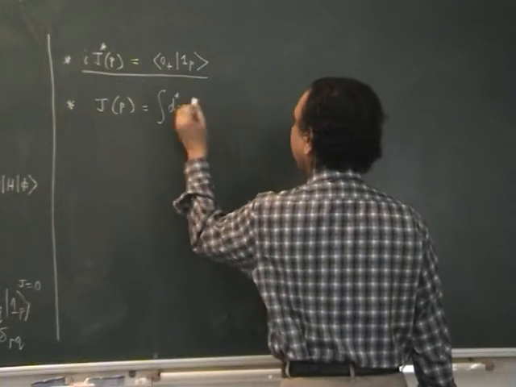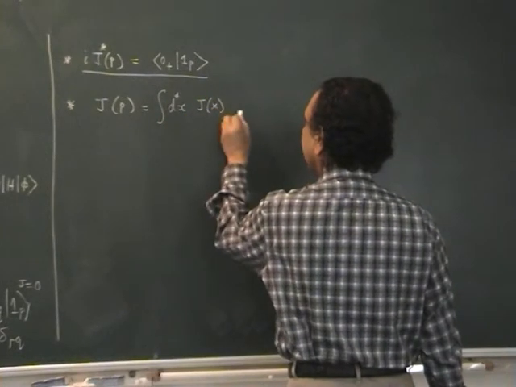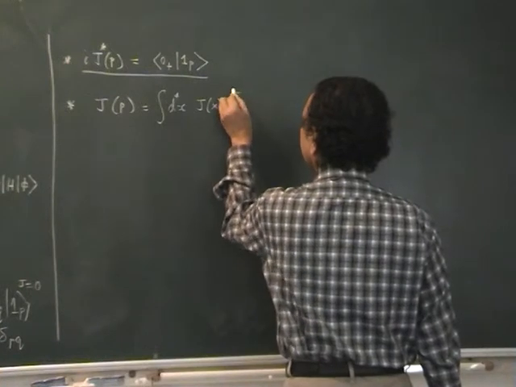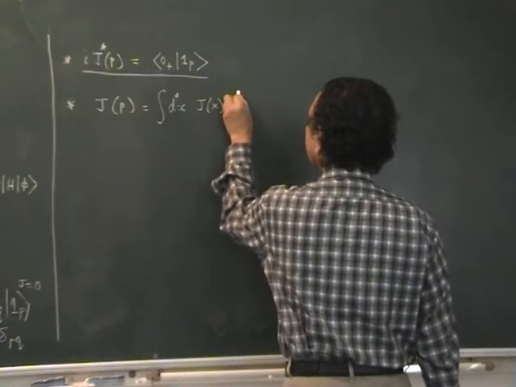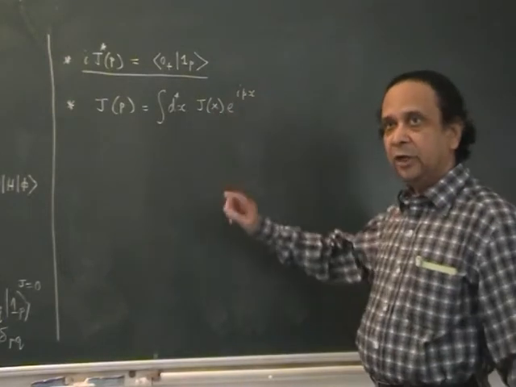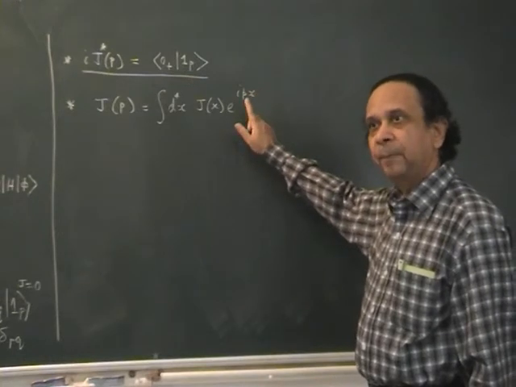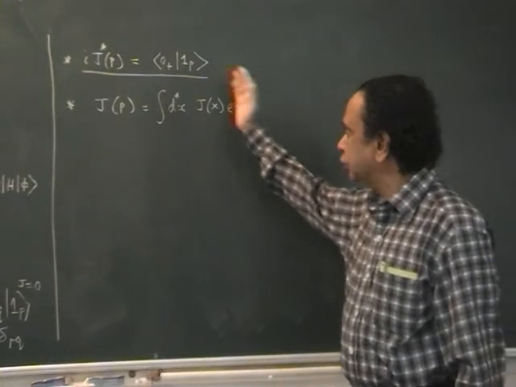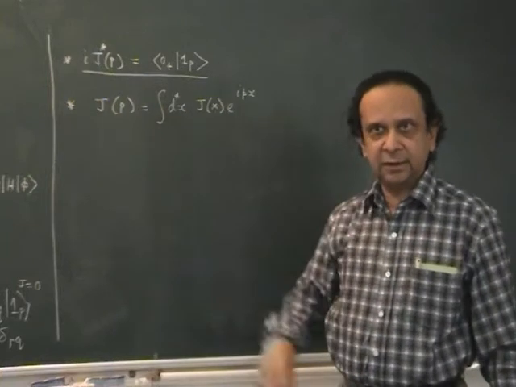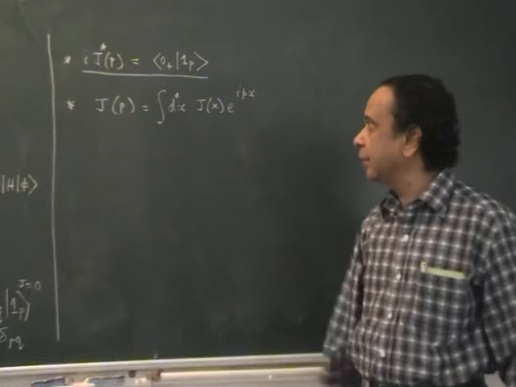This is what I have in mind: J(x), and let us see what sign I should have. I should have e to the ipx here. In our notation, this will come up with a minus ip·x, so that should go onto the right hand side in our convention.